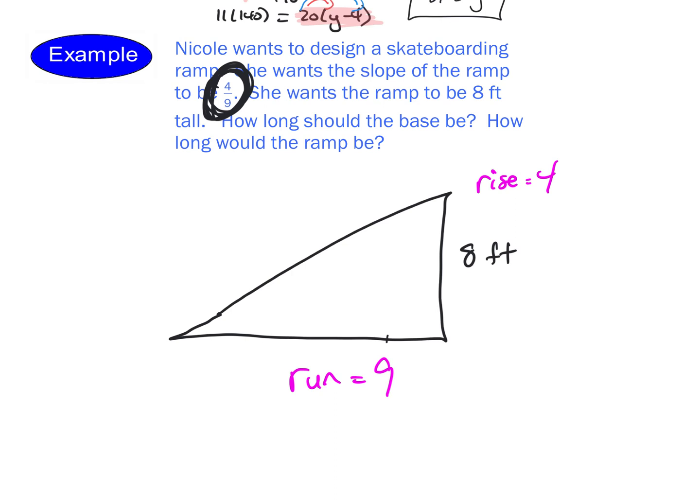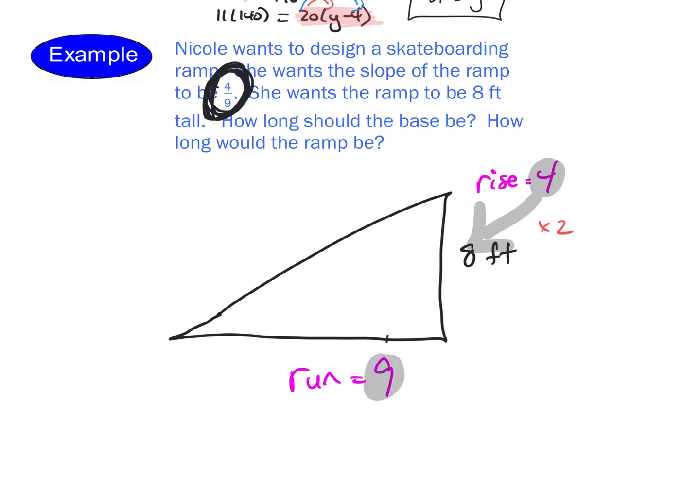So in order to go from 4 to 8, what do you multiply 4 by? You multiply it by 2. 4 times 2 is 8. So now we're going to do the same thing over here.